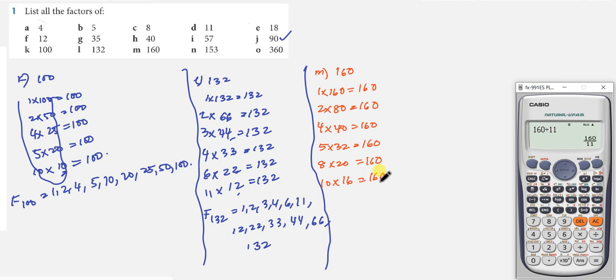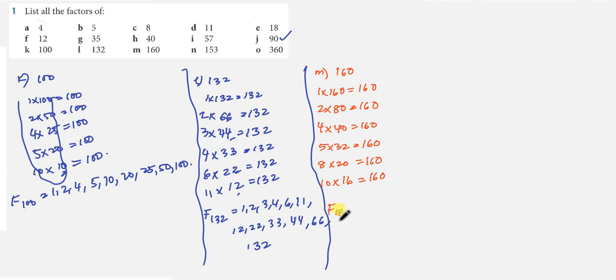Then 11, 12, 13, 14, 15, and now we just repeat again. 160 divided by 16 is 10. So that's the end.